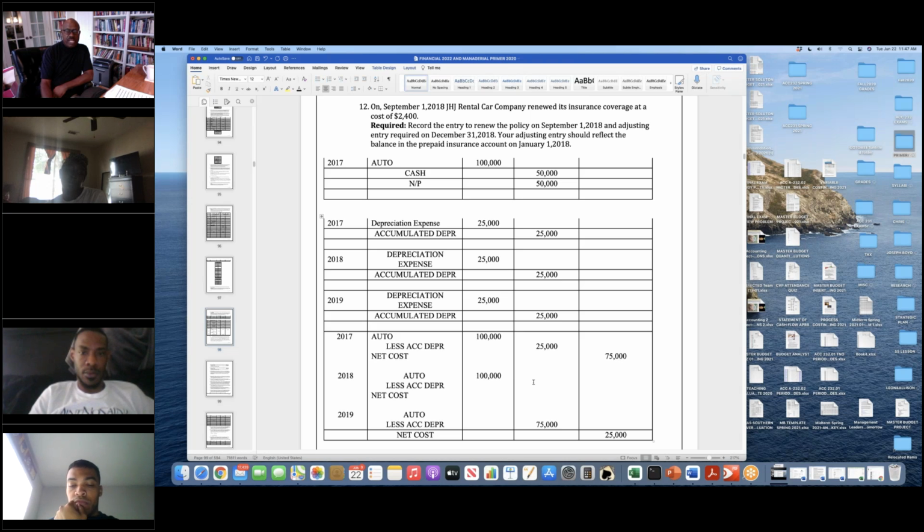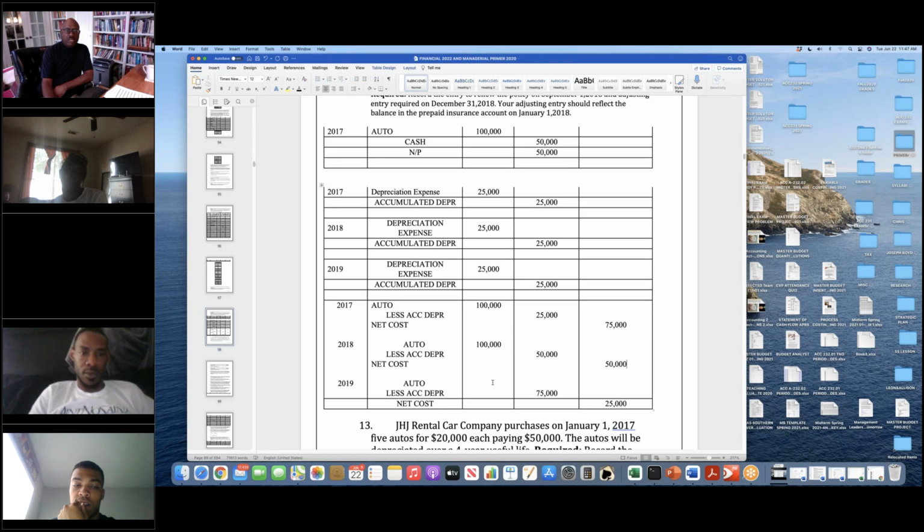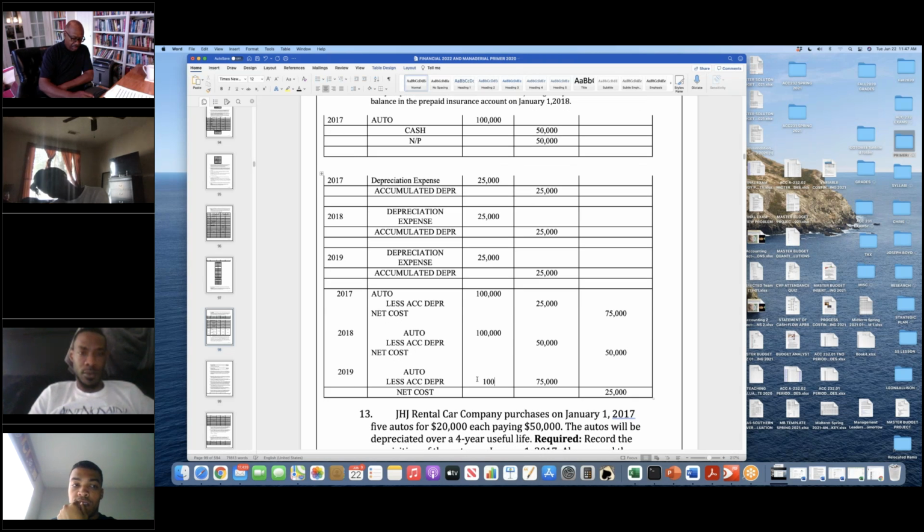Depreciation now, 50,000. So our net cost, 50,000, net book value. In the third year, 100,000, depreciation 75,000, net cost 25,000. So that's all that's involved with that adjusting entry.